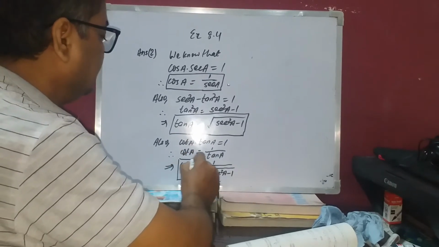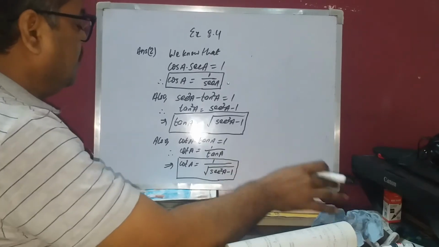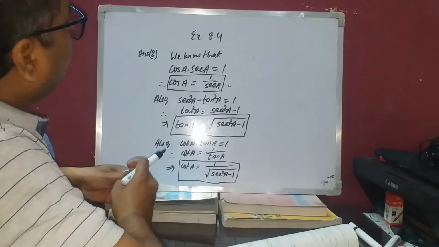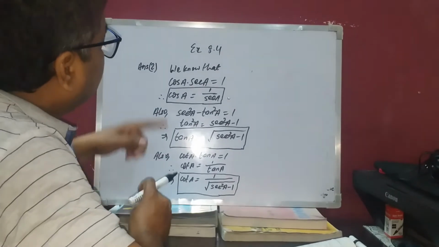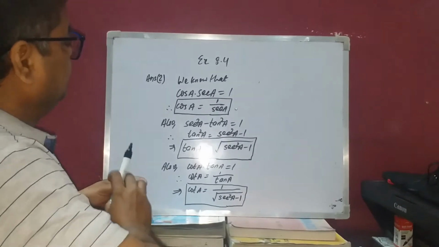This is the conversion of cot A in terms of sec A. Now we will convert sin A and cosec A in terms of sec A.